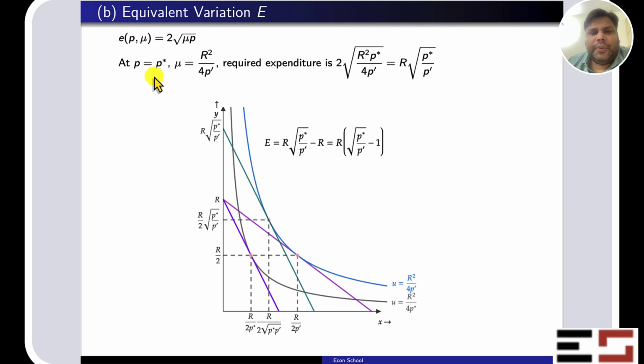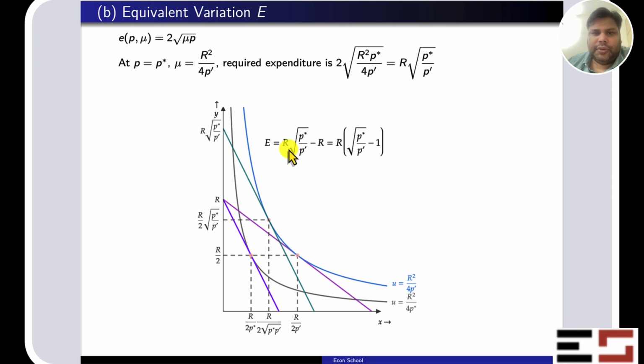Okay, now how much is the additional money that is needed to achieve it? So the consumer already has R. Okay, this is the amount that is needed, so the difference is the additional money that is needed to achieve this level of satisfaction, or to achieve this particular bundle. Okay, and that is something that you will get by subtracting R from the total expenditure that is required to achieve this level of satisfaction.